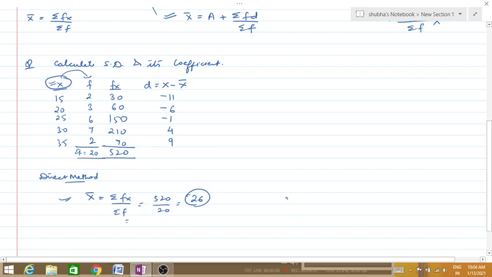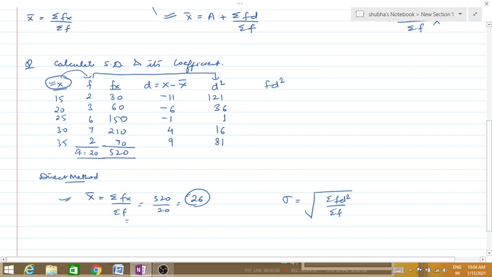To calculate standard deviation, we need sigma fd square over sigma f. That means first we have to calculate d square and then multiply with f. So d square means 121, 36, 1, 16 and 81.